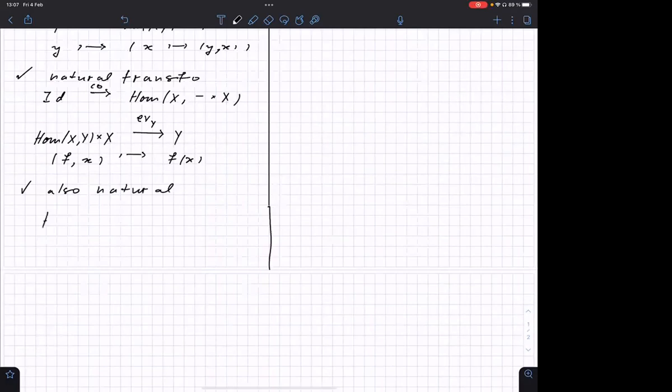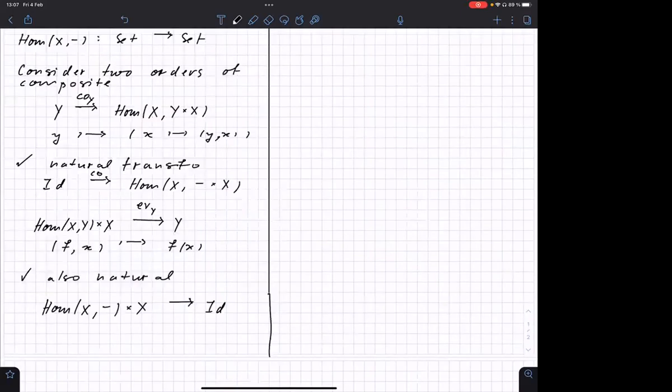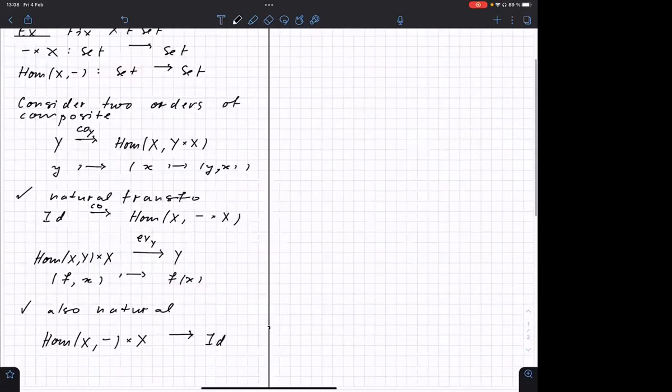So it's a natural transformation from Hom(X, blank) cross X to the identity functor. So I give you formulas for what these natural transformations are, and so to check that they're natural, you just compute. So pick a map from Y to Y prime and make sure the appropriate square commutes. And how are these two natural transformations related to each other?